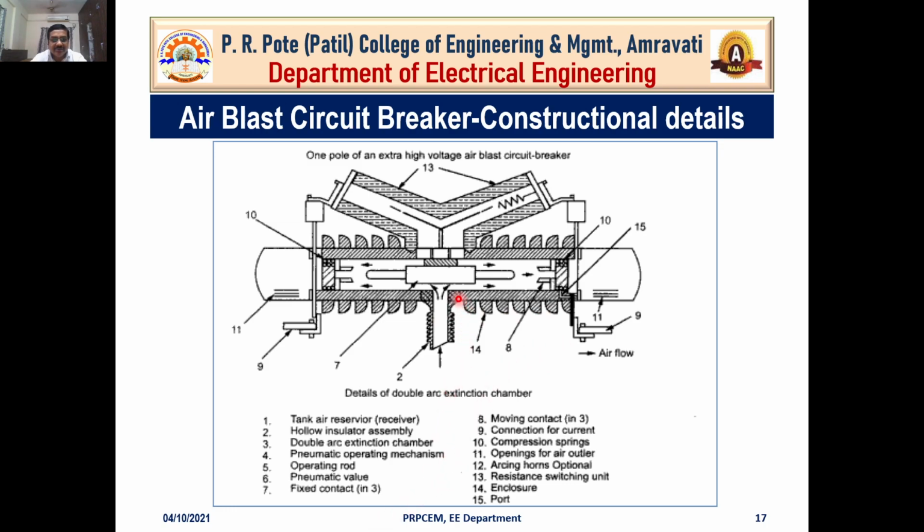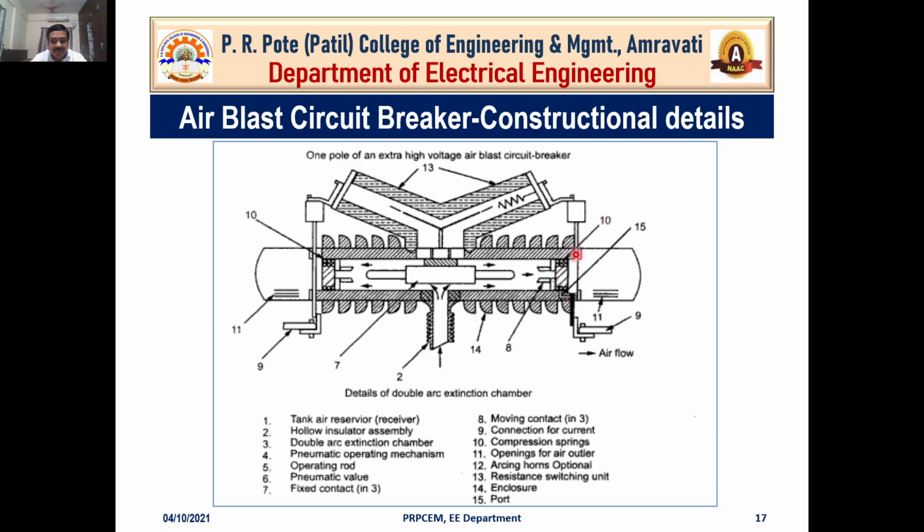Then seventh one is the fixed contacts. So this is the inside story we have, fixed and moving contacts. Eighth one is the moving contact. Ninth one is the connection for the current, where you can connect the current. Then 10th one is the compressor springs.